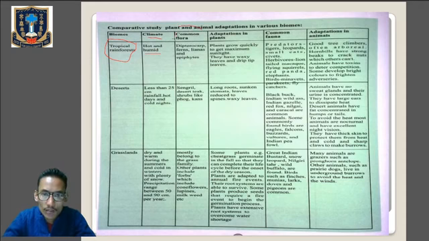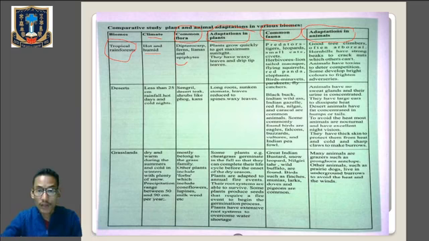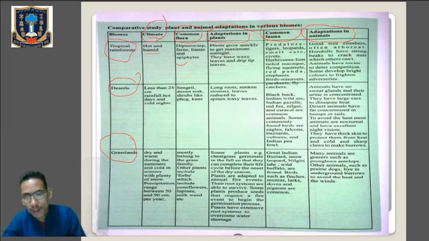Then you will find the common flora present in each biome and the adaptation in plants, in each particular biome. Then you will find the common fauna, animals also, and their adaptation. So kindly go through page number 34 and 35. You will find the tropical rainforest biome, desert biome, grassland biome. You will find the climatic condition in each biome and the flora and adaptations, then fauna in each biome and the adaptive features. So kindly go through it.